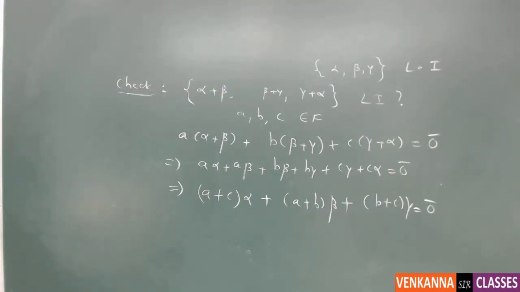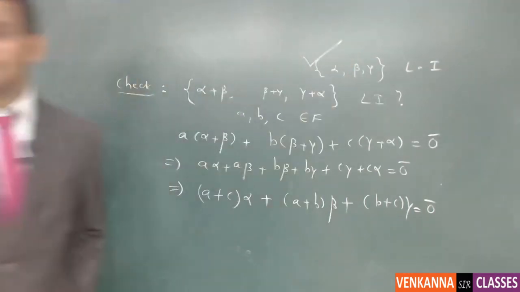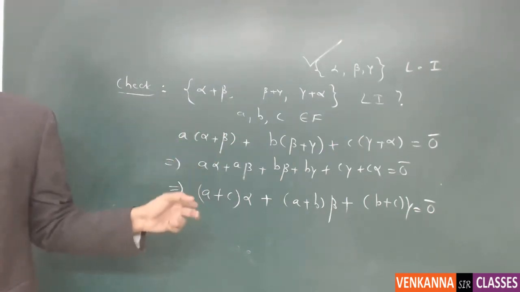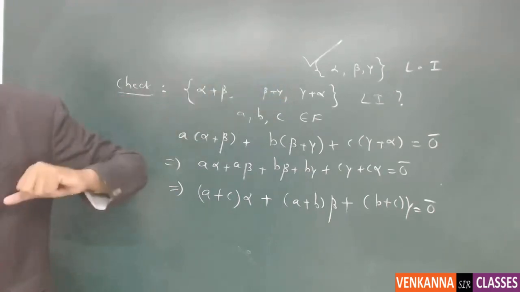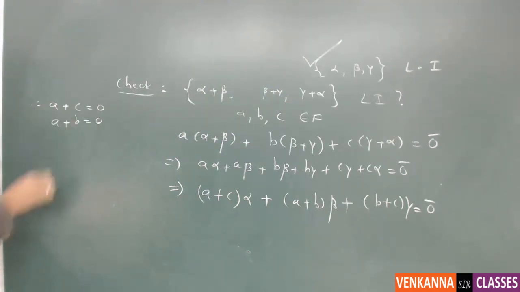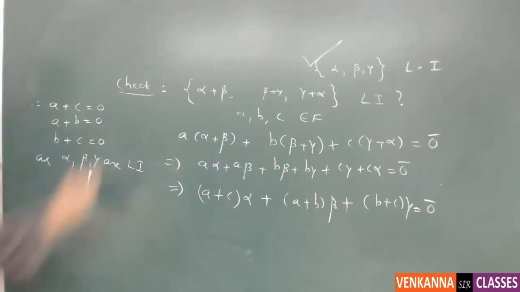Since alpha, beta, gamma is an independent set, whenever you write a linear combination using this set and the combination is 0, then the scalars in that combination must be 0 because it is an independent set. From the definition it follows. So A plus C is equal to 0, A plus B is equal to 0, B plus C is equal to 0 as alpha, beta, gamma are LI.